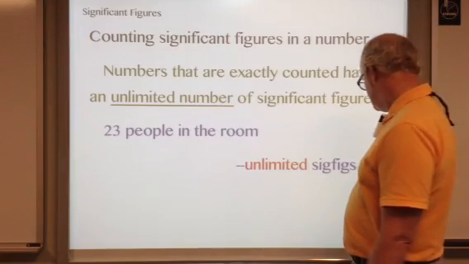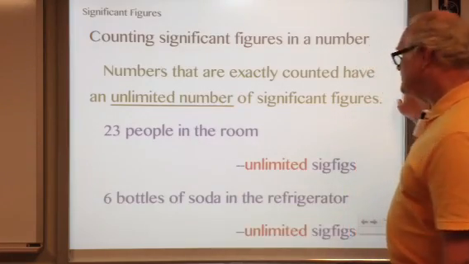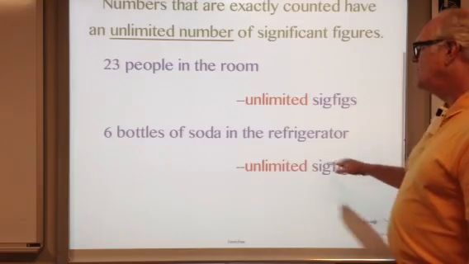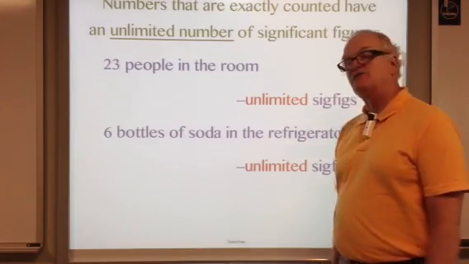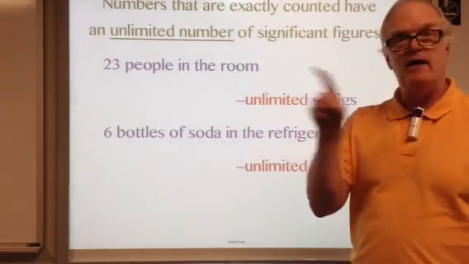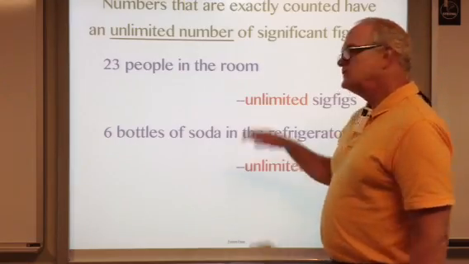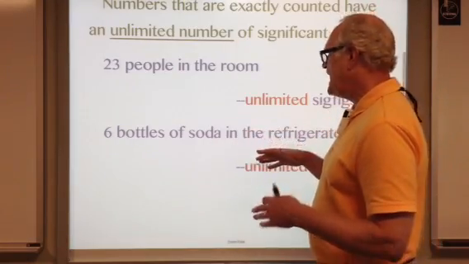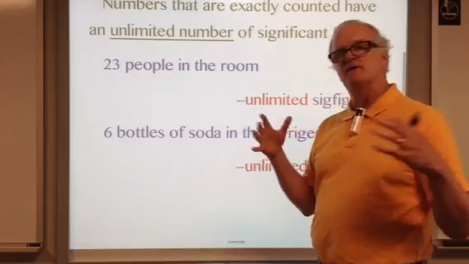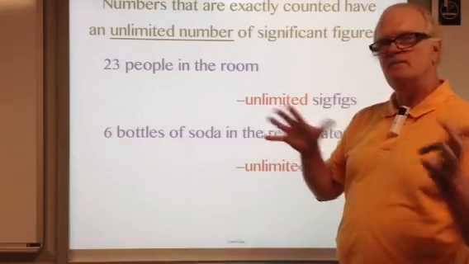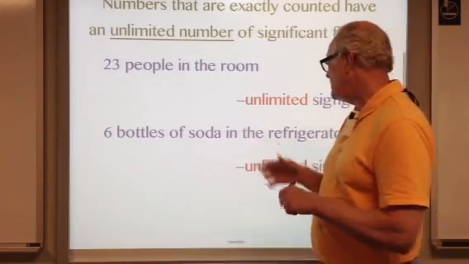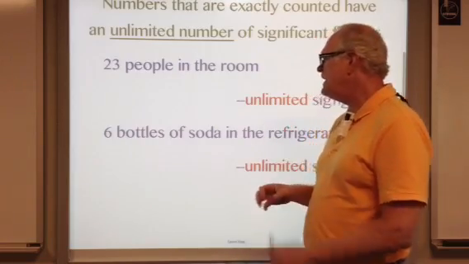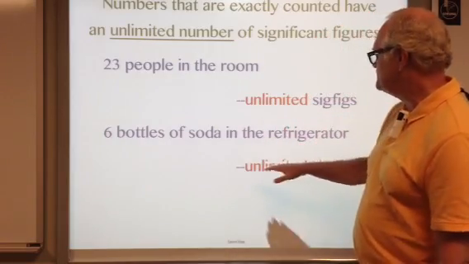Unlimited sig figs. Let's say we go to the refrigerator and we find that there are 6 bottles of soda in the refrigerator, and we can count them up. Right? So that's a number that we can count exactly. There's no question of it having been rounded off or measured in a particular way, one way as opposed to another way. There are exactly 6 bottles of soda.